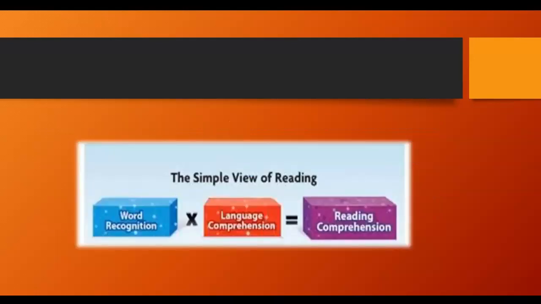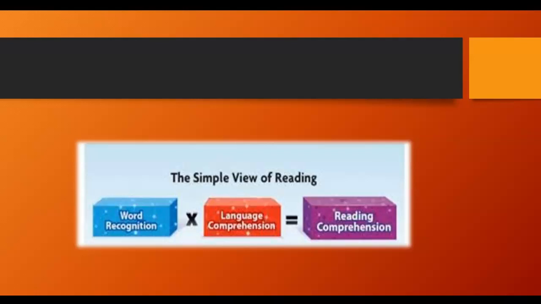So I did a screenshot of the simple view of reading diagram, which ties into everything. In order for a student to master reading comprehension, they have to first know word recognition.